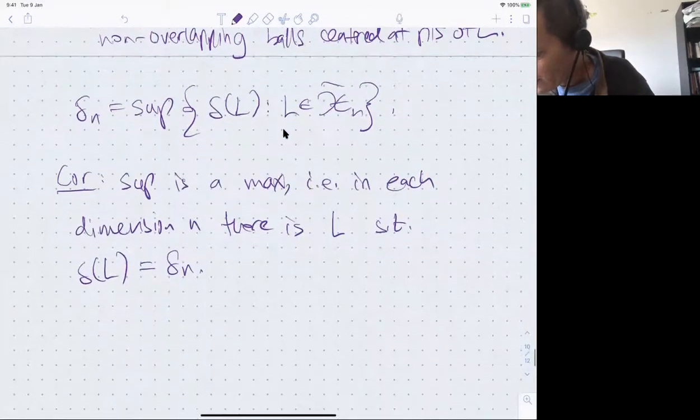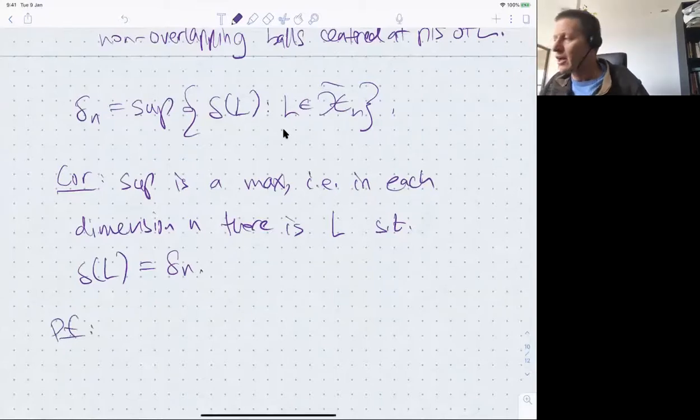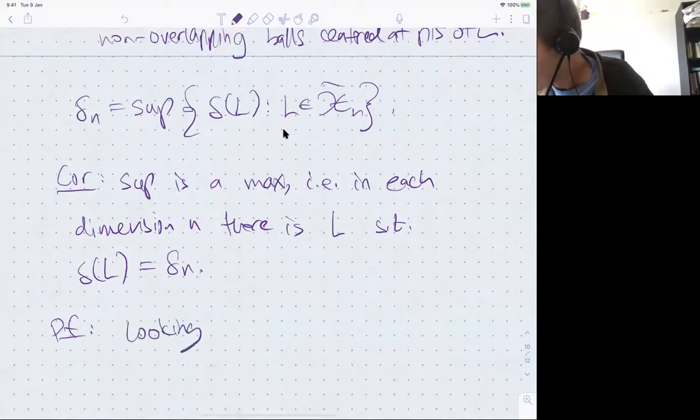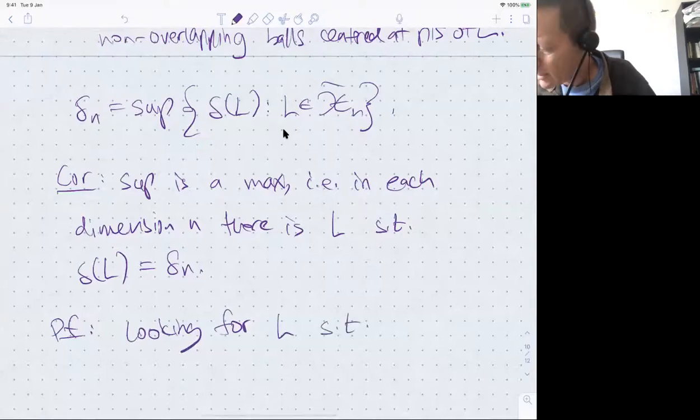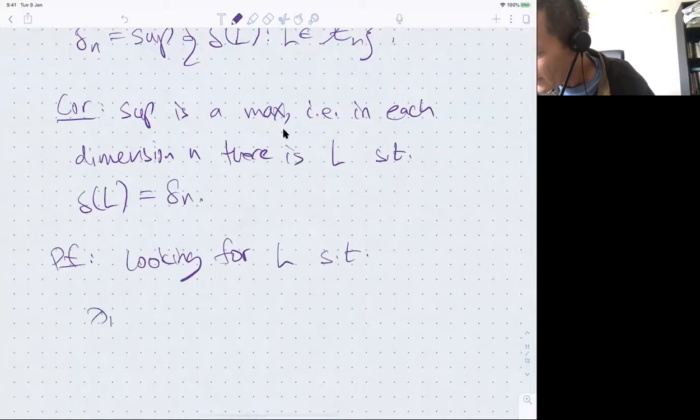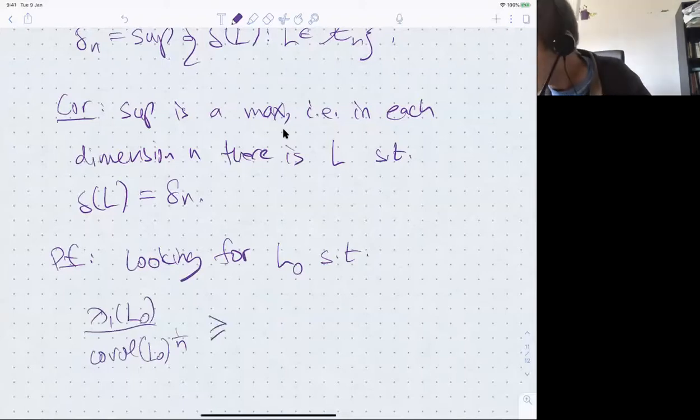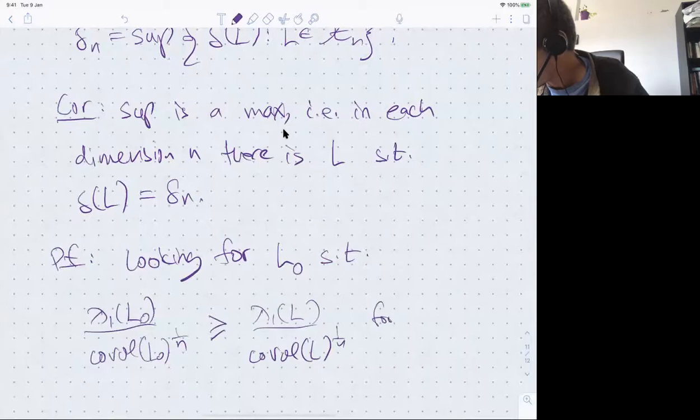I'm going to prove it, this is an easy proof, and I'm also going to introduce another variant. So what we're looking for is L such that lambda 1 of L0 divided by the co-volume of L0 to the power 1 over n is greater than or equal to lambda 1 of L divided by the co-volume of L to the 1 over n, for all L. Right?